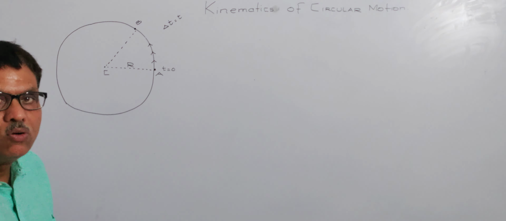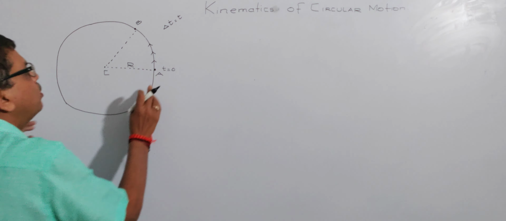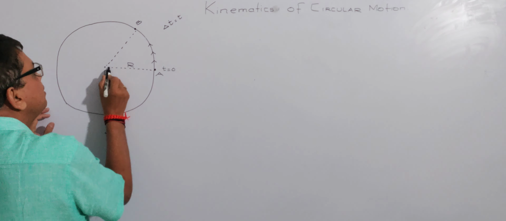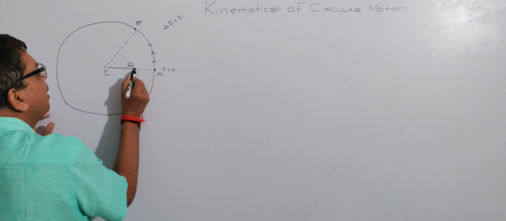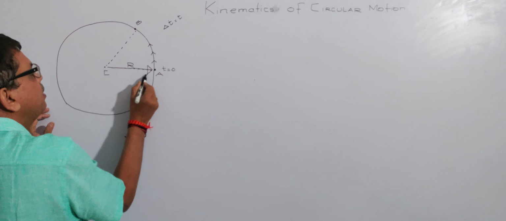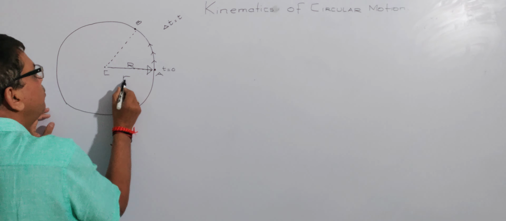Now at t equals 0 at A, the position vector is represented by the R1 vector.